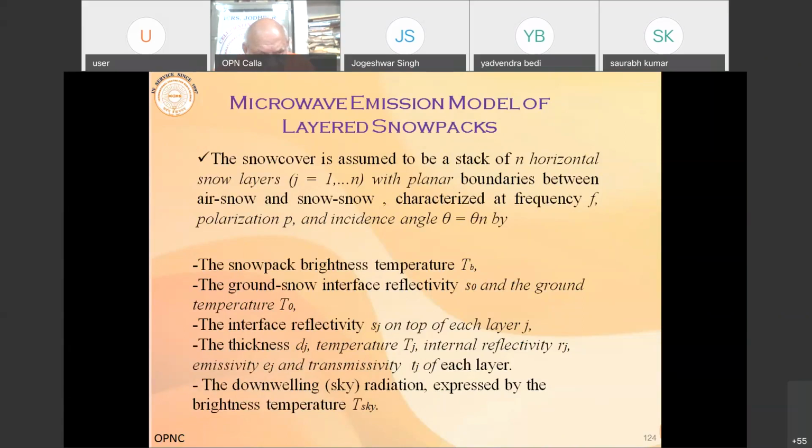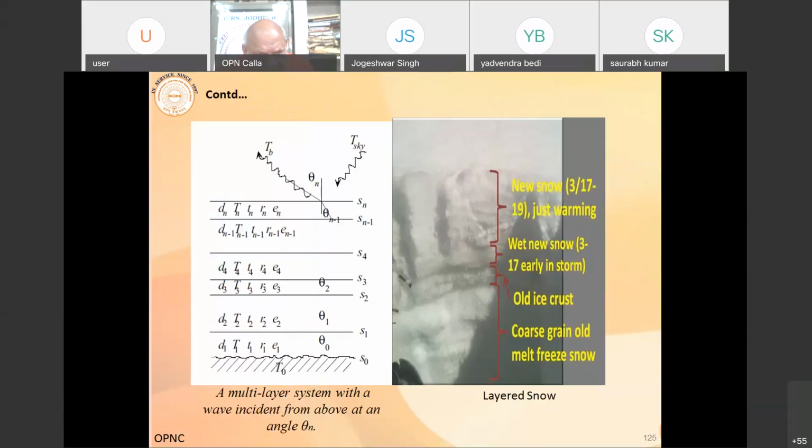Then we have the slope brightness temperature TB and the ground temperature T0. And from there, we are able to get the downwelling radiation expressed by the brightness temperature T sky. Using these parameters, I'm showing you the layering of the snow, the layer system, with the wave incident from above.